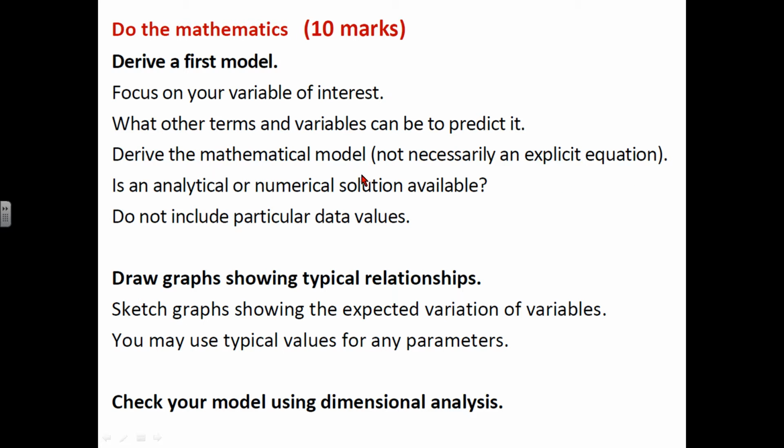That's why we're calling it a mathematical model as opposed to a mathematical equation, if you like, because it might be a procedure that we go through to find the result. If it's a procedure that we go through, more than likely it's heading towards maybe some kind of numerical solution.